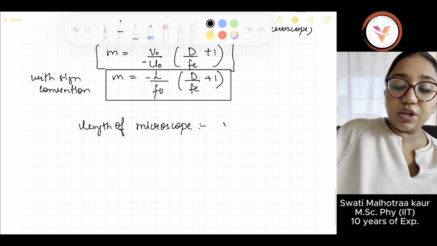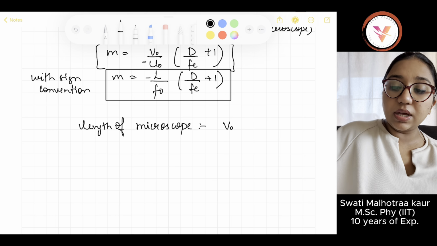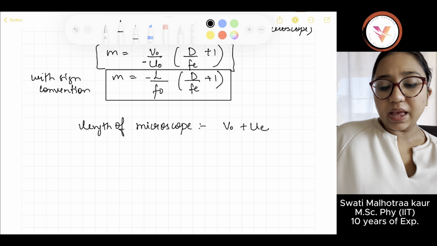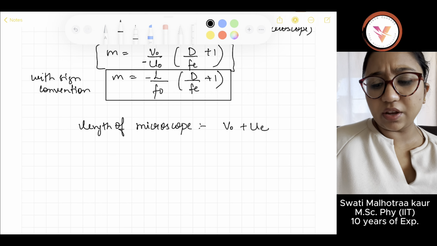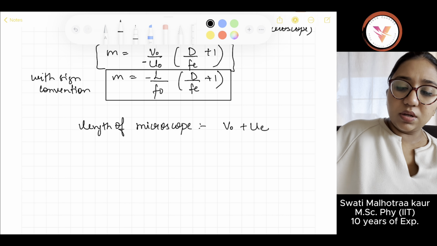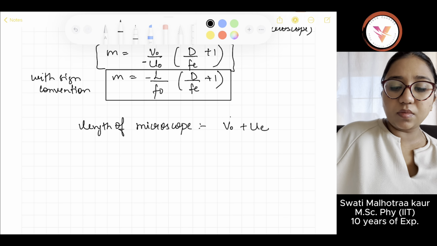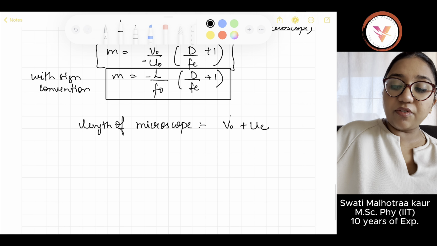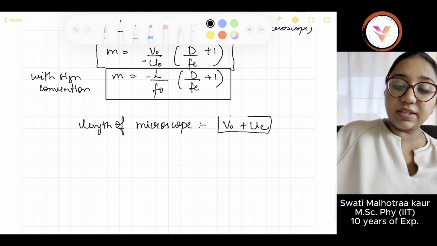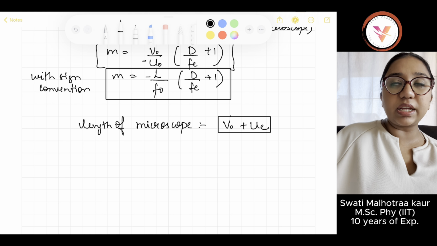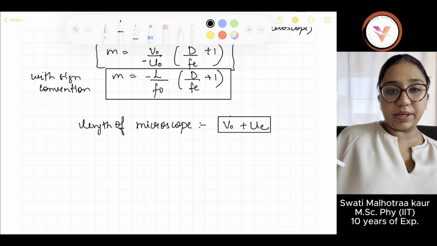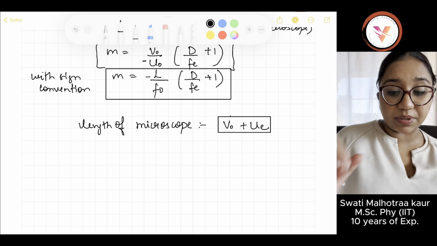It's simply VO, the image formed by the objective, plus UE. And if it is at infinity, then it is FO. The length can be calculated by adding the image distance due to the objective and this, and if you are given the length, then you can subtract VO from it and you can get UE. You have to understand the concept.